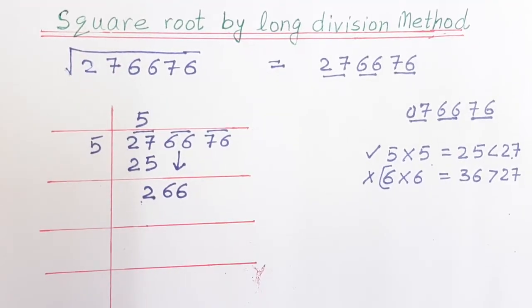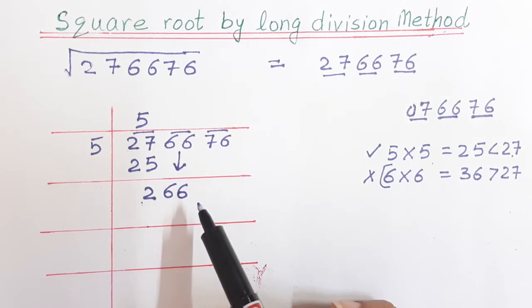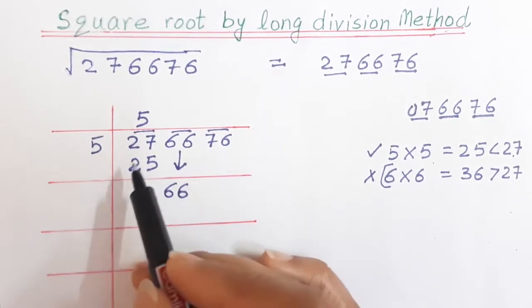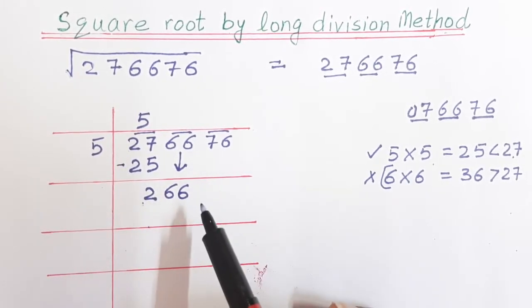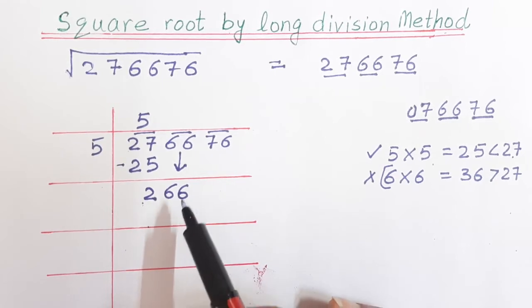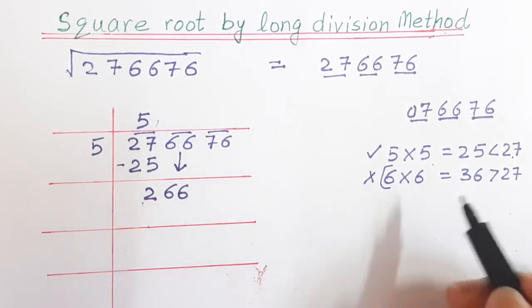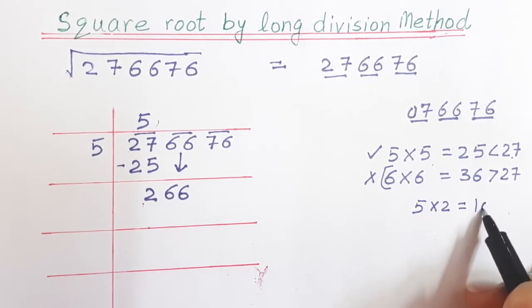Now let us follow the next step. After subtracting, what we have to do is double the quotient. Now here the quotient is 5, so double of 5 is 5 multiplied by 2, that is 10.